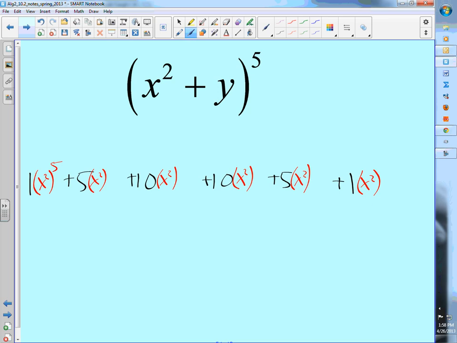So we're going to go 5, 4, 3, 2, 1, 0, plus. In the second position, we have the y. Notice I didn't put the y in parentheses because it's just a y. And then we start over here on the right, and the power on the y is 5, 4, 3, 2, 1, 0.